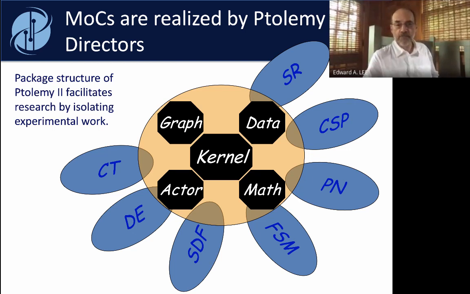So for example, there's a very well-developed graph package that has a lot of graph theoretic manipulations in it that really doesn't depend on any of the other packages. The data package is where all of the support for a rather sophisticated type system lives. It's a Hindley-Milner type system in Ptolemy II that does type inference, so that model builders don't have to put a lot of effort into the type system.